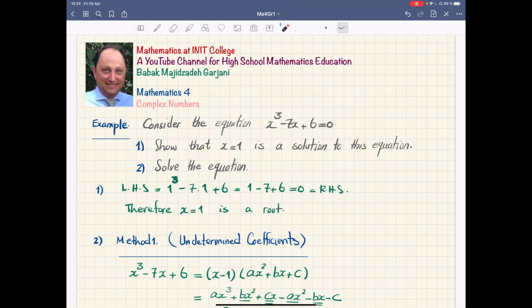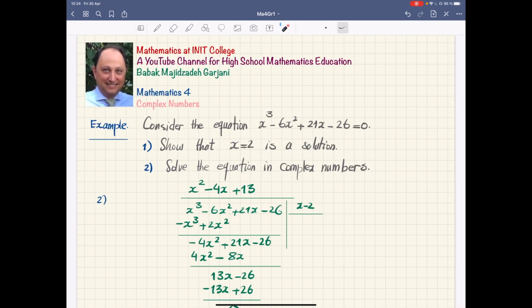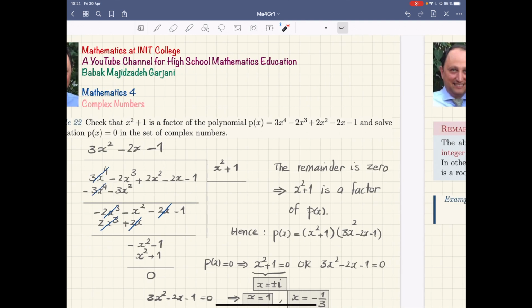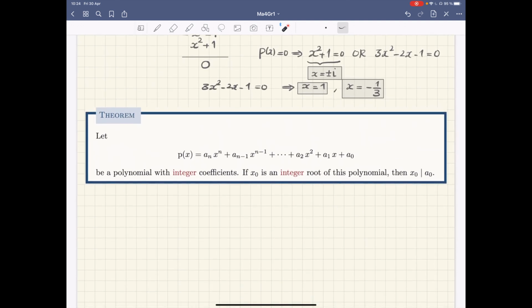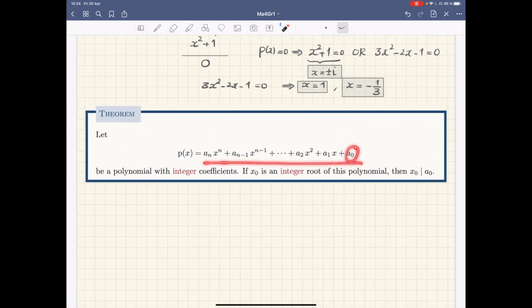That is actually an important part of this lesson: I haven't seen even one single question where they give you polynomials with non-integer coefficients. So this is not that much of a limitation for our purpose here today, because mainly we are dealing with polynomials whose coefficients are integers, whole numbers.